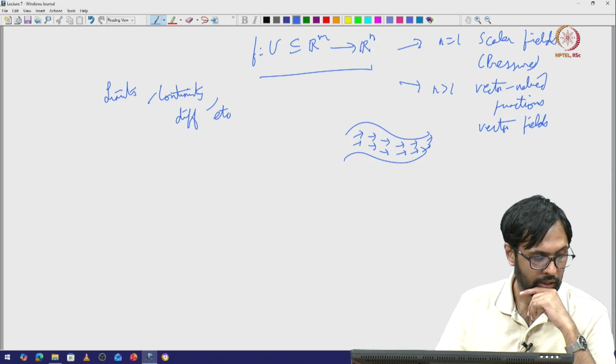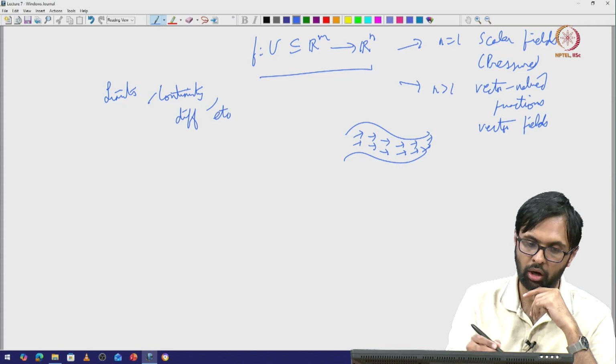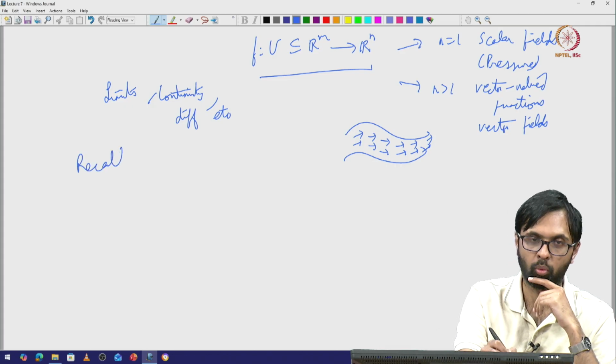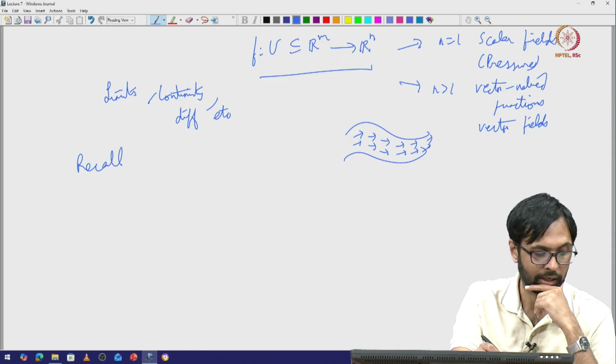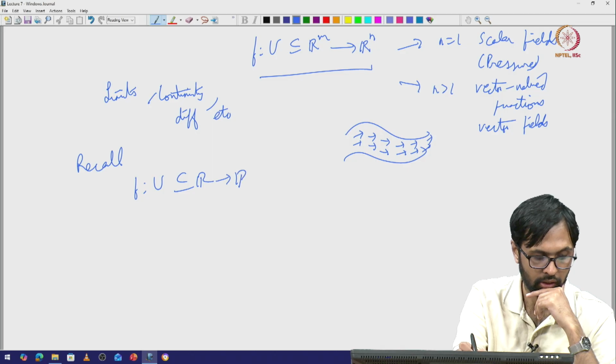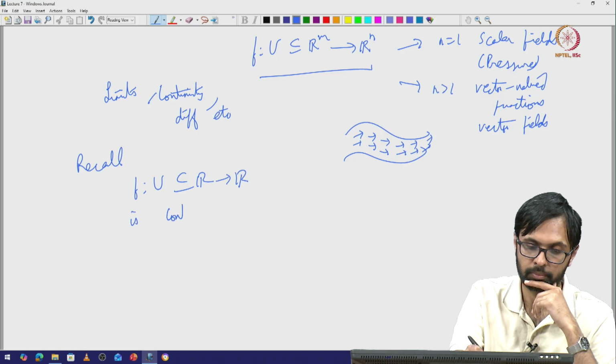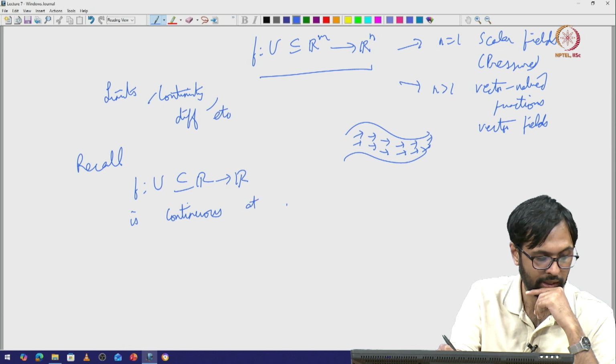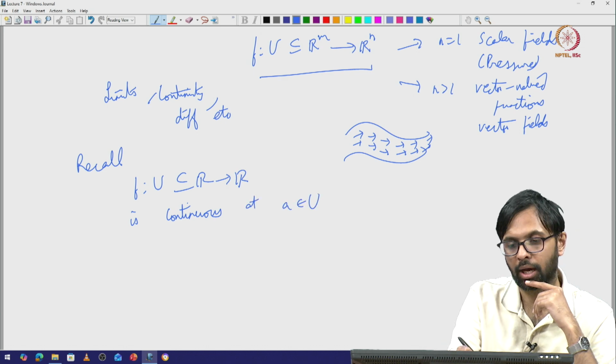Right. So recall that for one variable you say that f from U, a subset of R, to R is continuous at a point A if what happens?